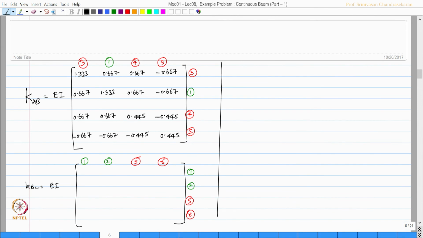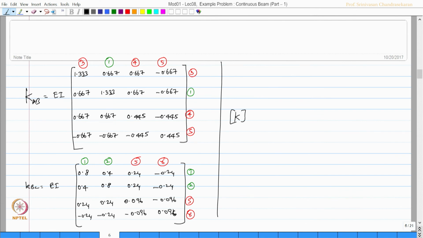Similarly, we can do for KBC, copying the same matrix again: 0.8, 0.4, 0.24, minus 0.24. Done.